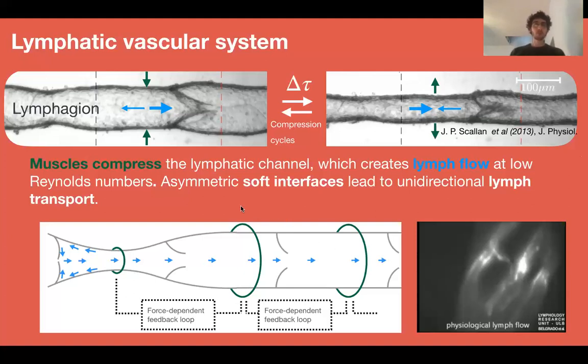And first of all, of course, we wanted to look a bit more at those deformable membranes. The approach that I like to have is to develop model experiments. So instead of directly looking at the lymphatic system, which is, by the way, something that is very small and has to be looked at in vivo, what we did is to think about what would be the simplest experiments that would capture this phenomenon.